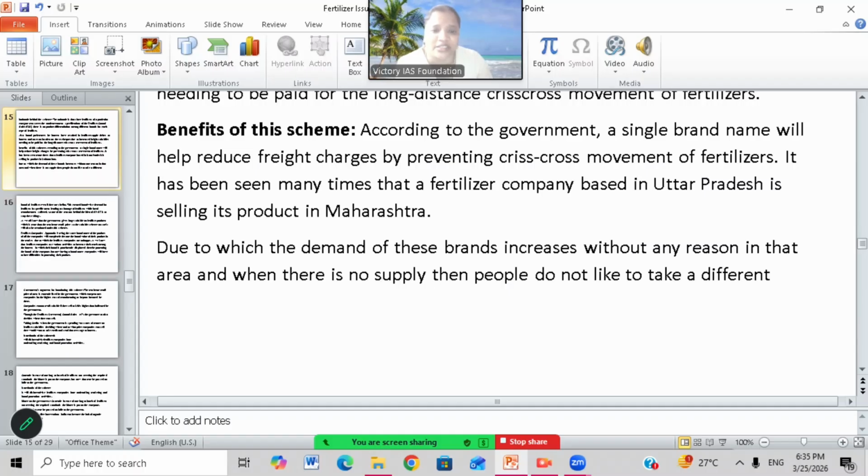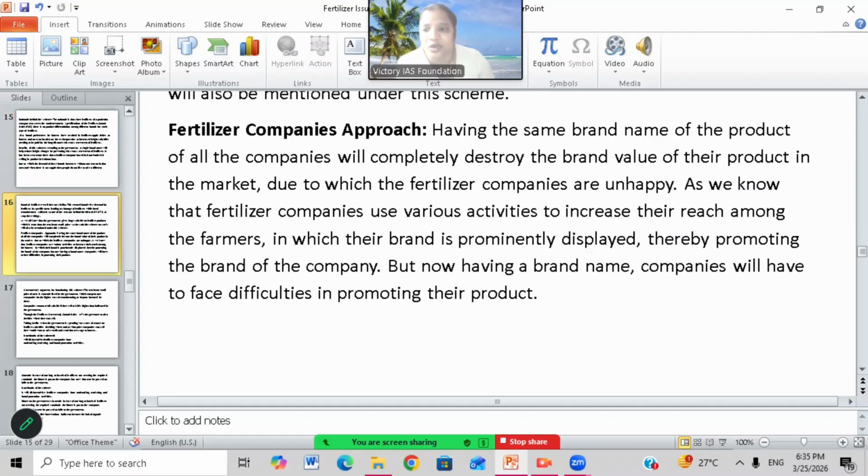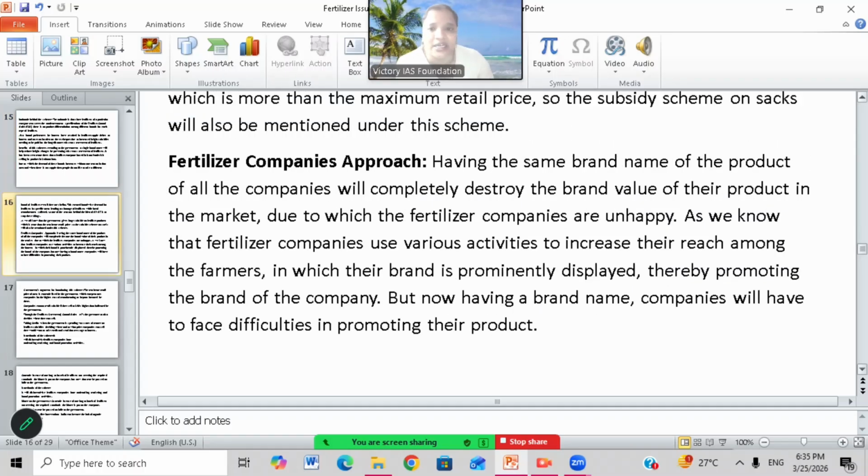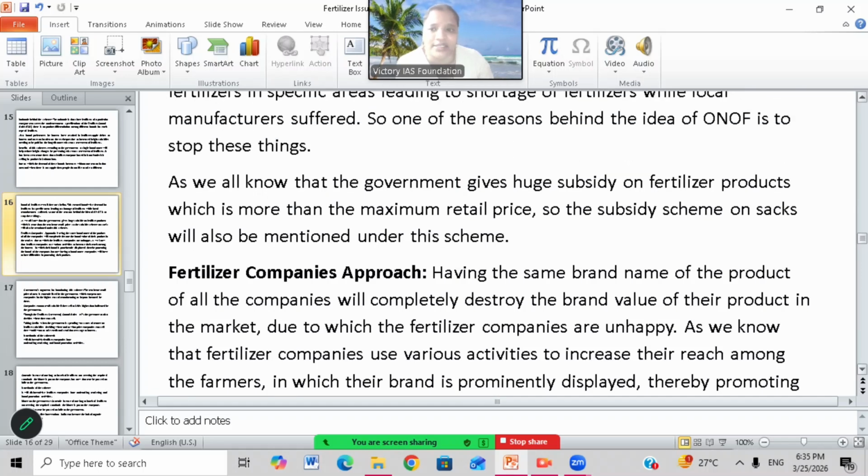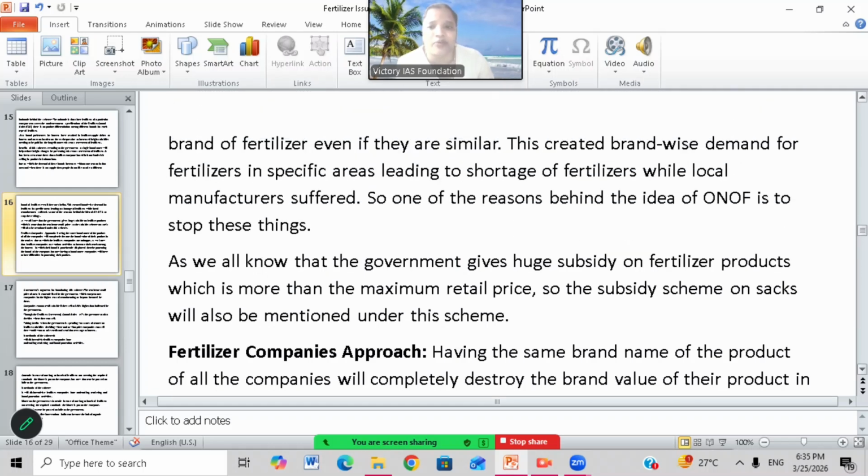Due to which the demand of these brands increases without any reason in that area, and when there is no supply, then people don't like to take a different brand. So if one particular brand of fertilizer is not available, the farmer won't take other fertilizer. That is one problem.